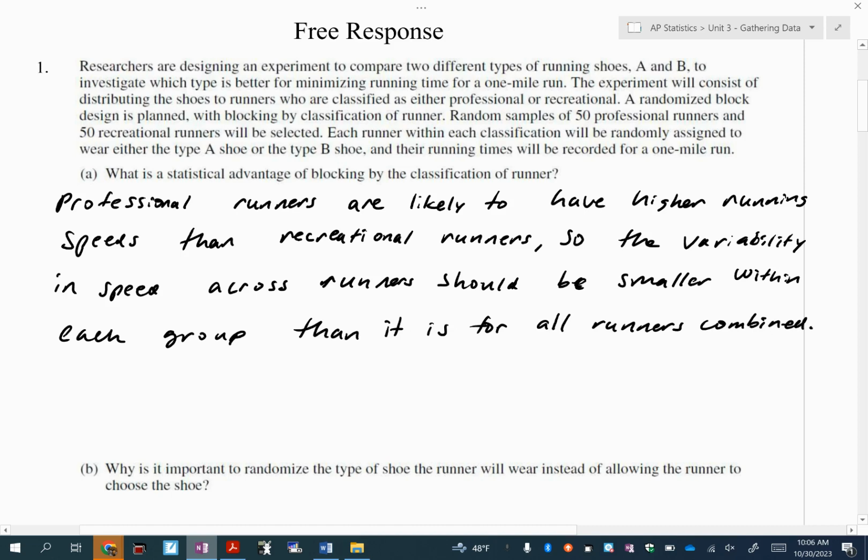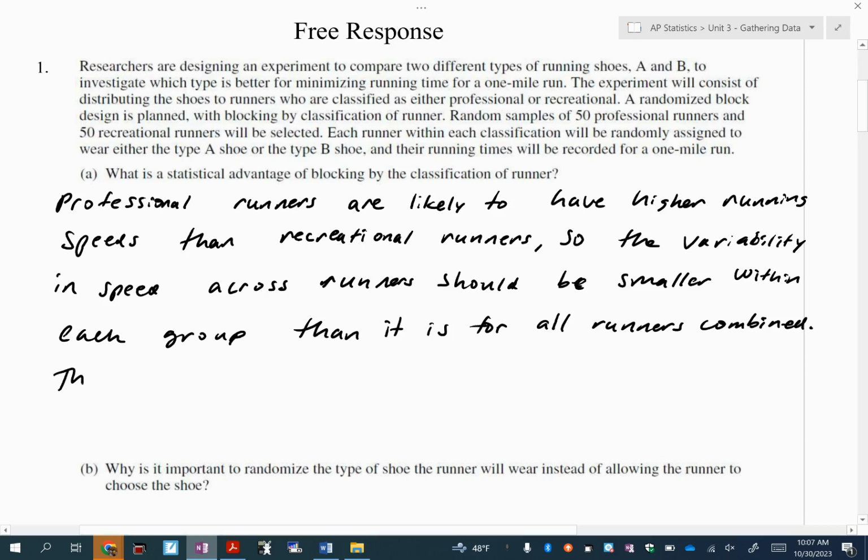So by doing this, right, by essentially blocking based on their running ability, professional versus amateur, we are going to give ourselves a better chance of detecting a difference between the shoe types, if there is any.